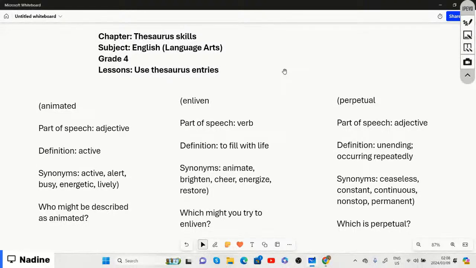All right. So if we now look at some of the words that we have within the thesaurus, we have the word animated. This is basically what you'll see when you go into a thesaurus.